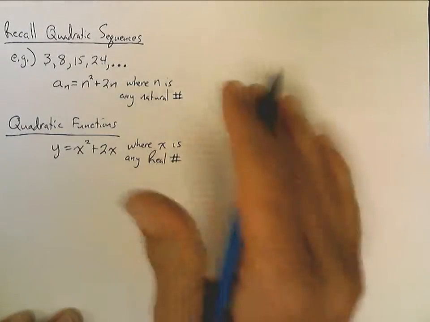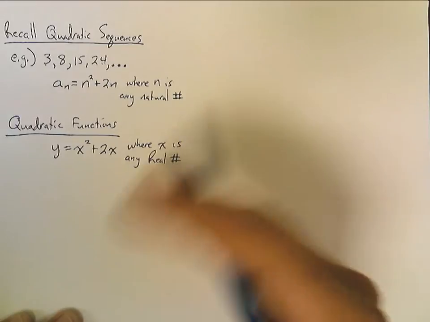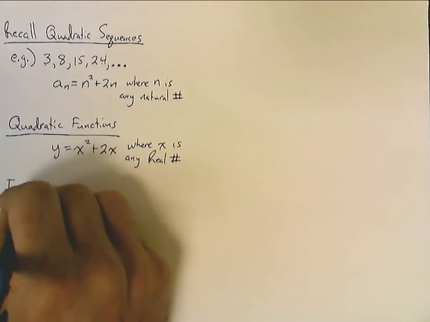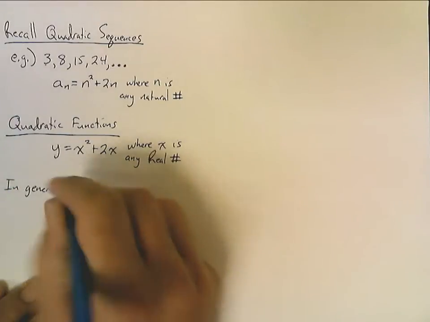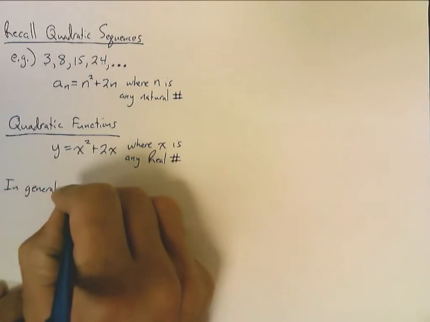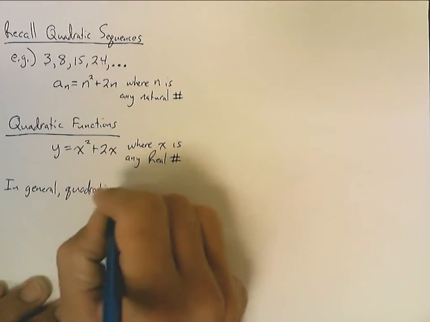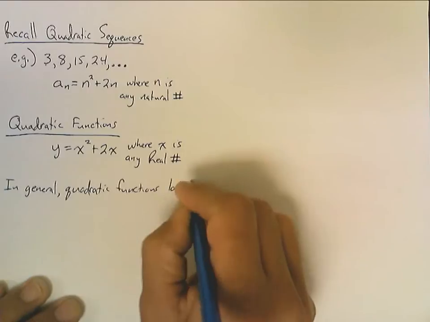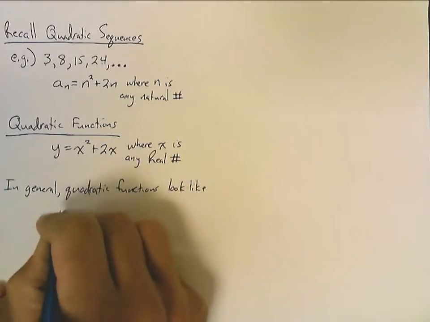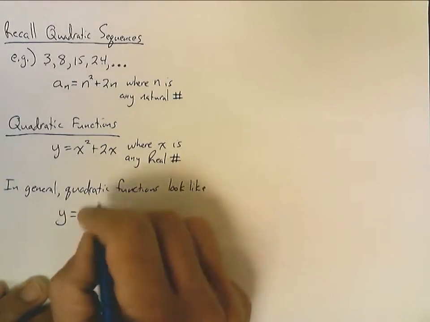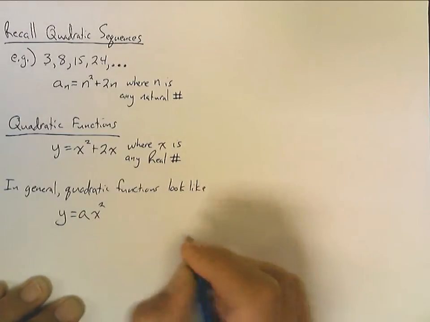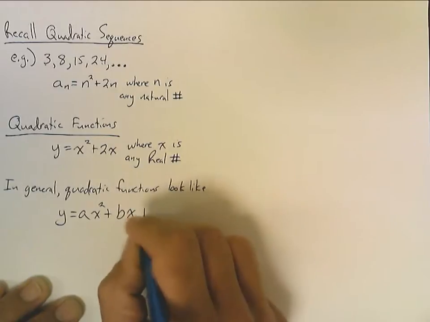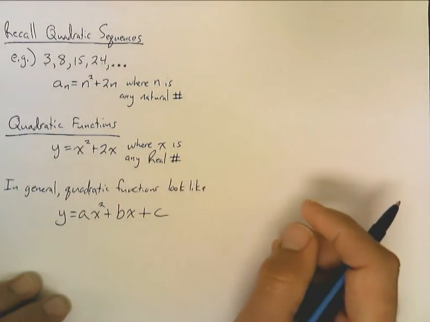And we could graph this and all that, but I want to focus on the more general case. And so in general, quadratic functions look like this. y is equal to some number a times x squared plus some number b times x plus some number c.